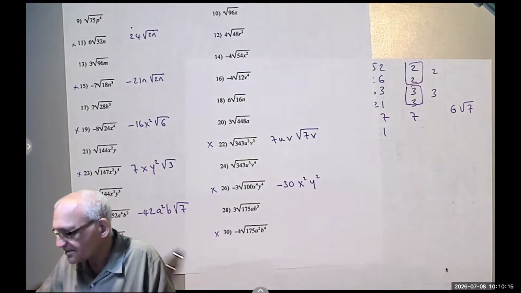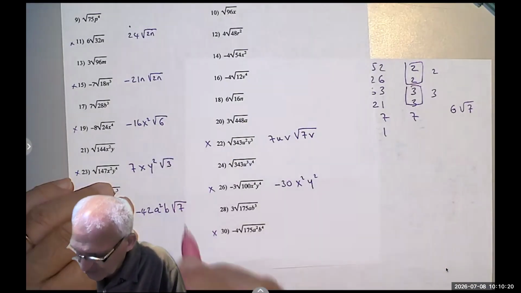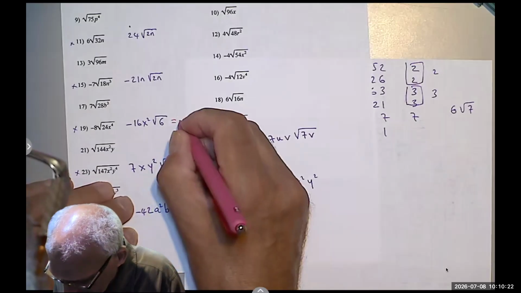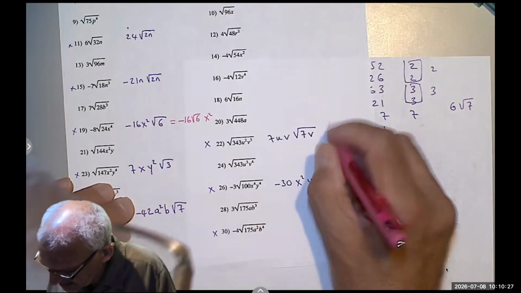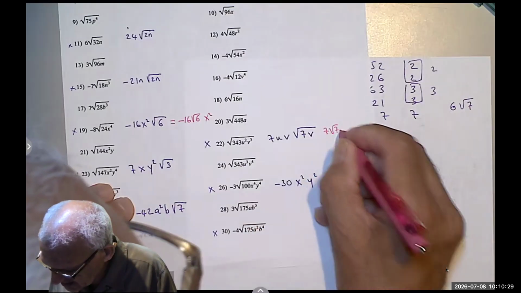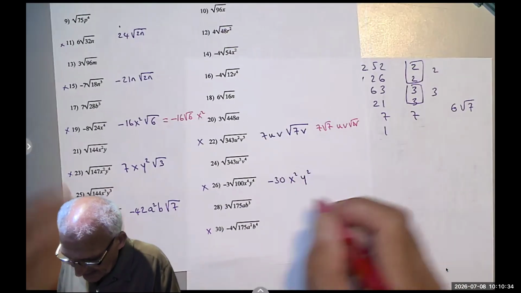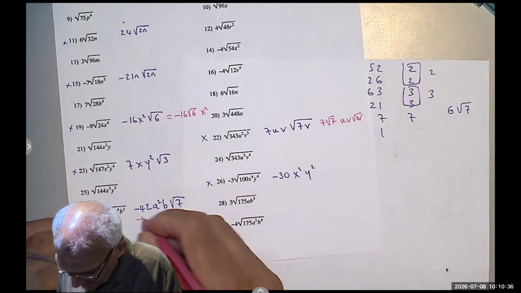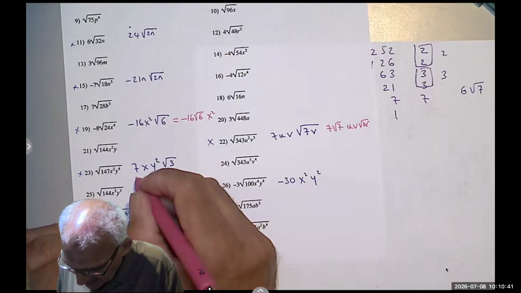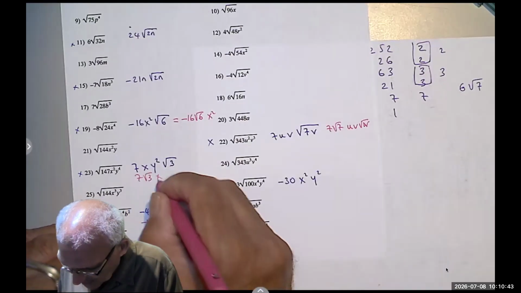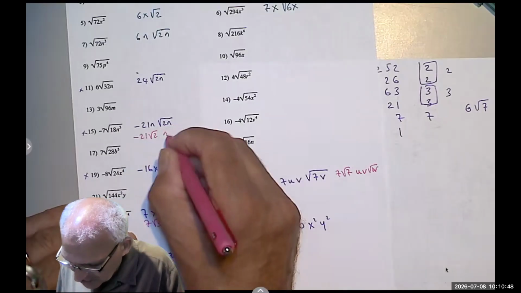So in other words, if you put the numbers together, why do I write it like that? I could have said this better to be written as negative 16 root 6x squared. And this is 7 root 7 times uv square root of v. And this one is negative 42 root 7 times a squared b. 7 root 3 times xy squared. Negative 21 root 2 times n root n.